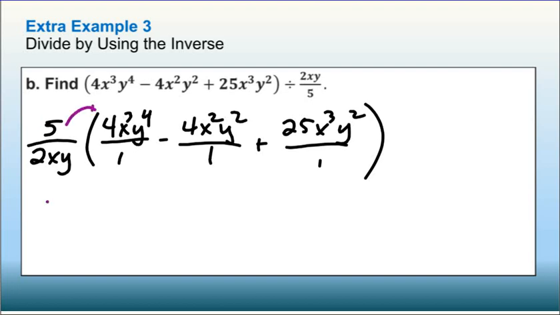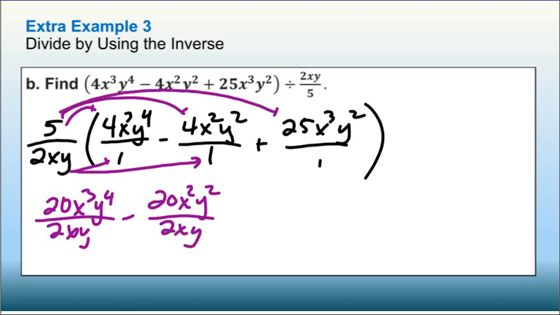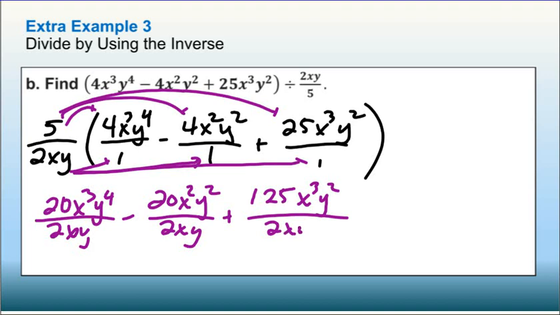So that gives us 20x cubed y to the fourth over 2xy minus 20x squared y squared over 2xy plus 125x cubed y squared over 2xy.